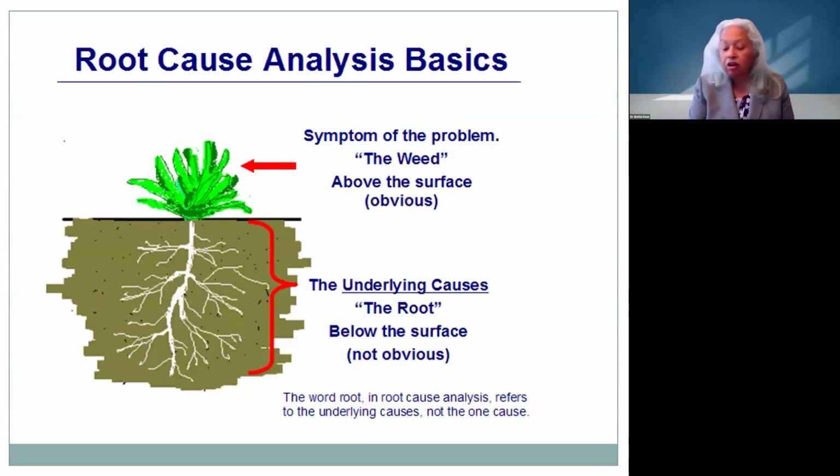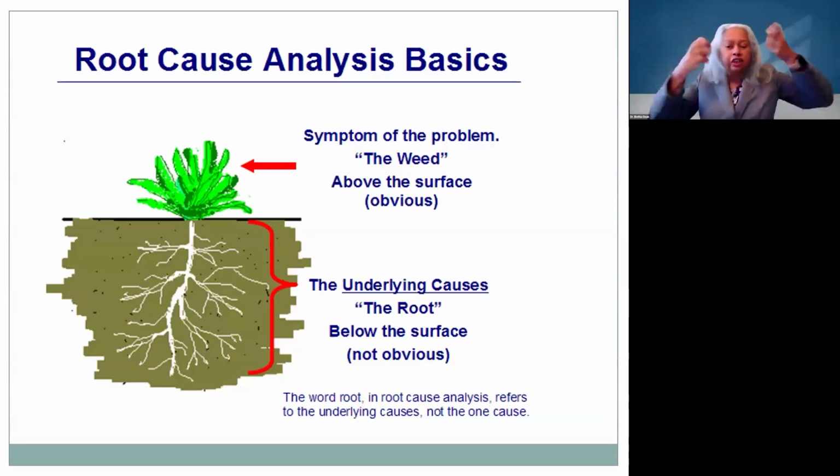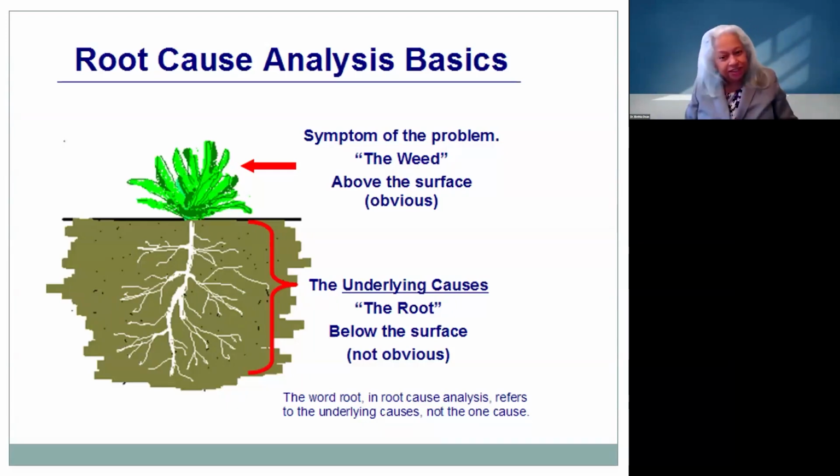Now, once you gather all of that data, you want to do root cause analysis. Now, remember, in root cause analysis, what you're seeing is just the weed, what's on the surface. You've got to dig down. How did this happen? The word root in root cause analysis refers to underlying causes, not the one cause of the infection.